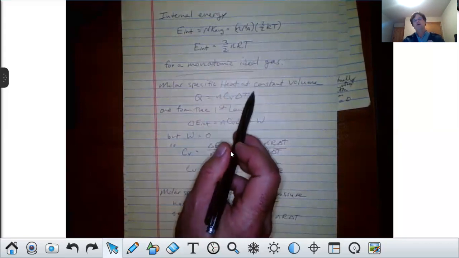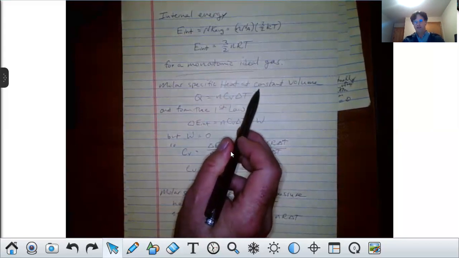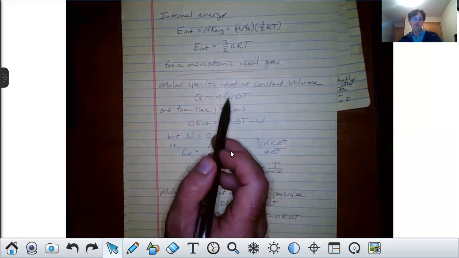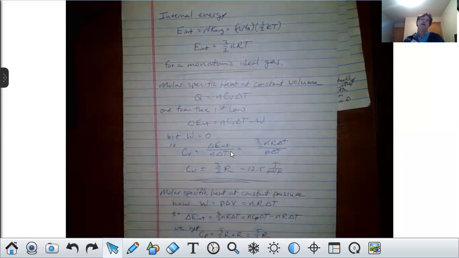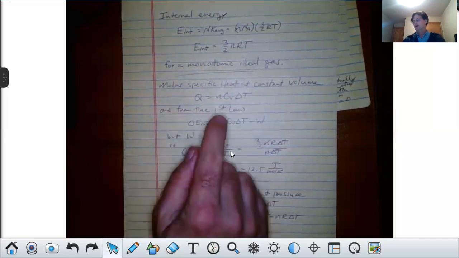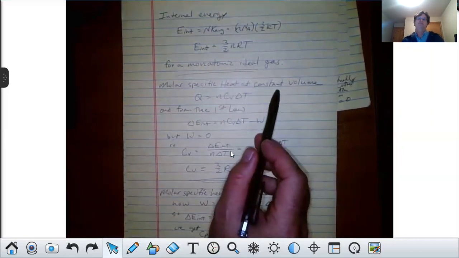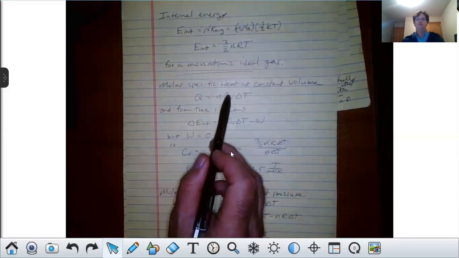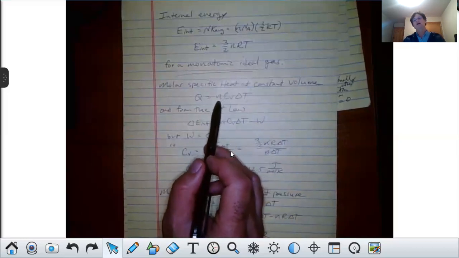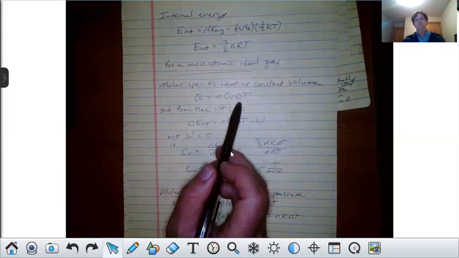Now in this case, we're talking about a constant volume process. We might get different specific heats depending on how the gas changes. In this case, we're going to talk first of all, what if we keep the volume constant? But this is our definition of any kind of molar specific heat, nC delta T.